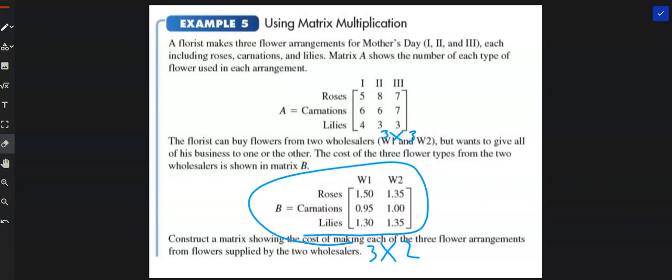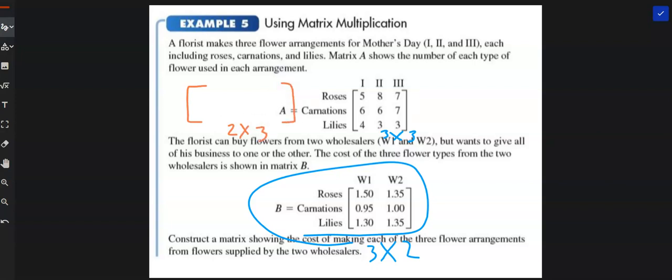Well, okay. If you can't do that, could we put it in front? Well, no, that wouldn't work, right? Because then your inside dimensions are 3 and 2, so you couldn't multiply them together. Unless, what if I switched it and made it a 2 by 3?